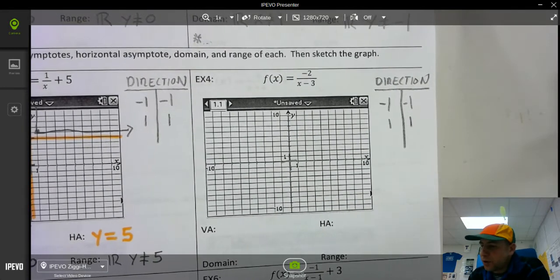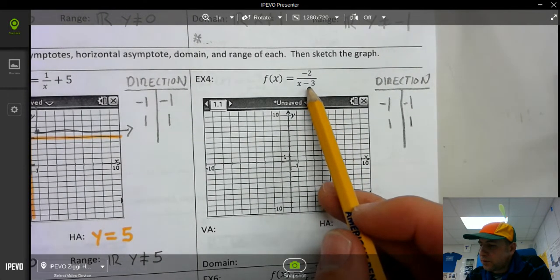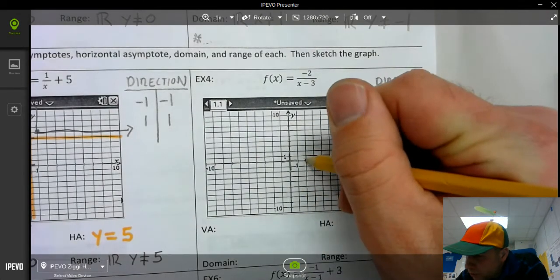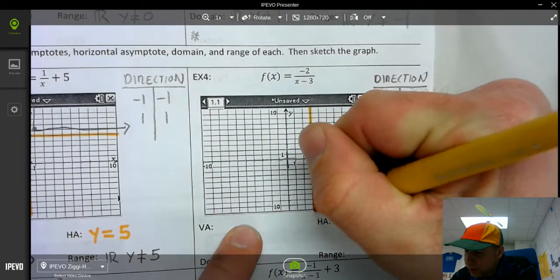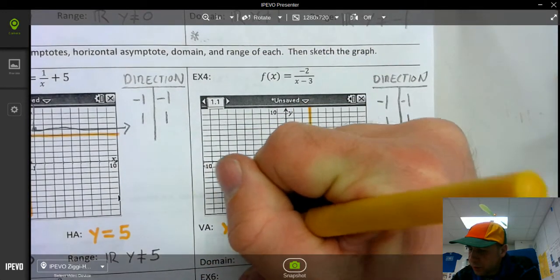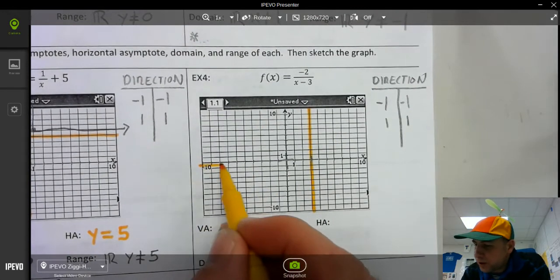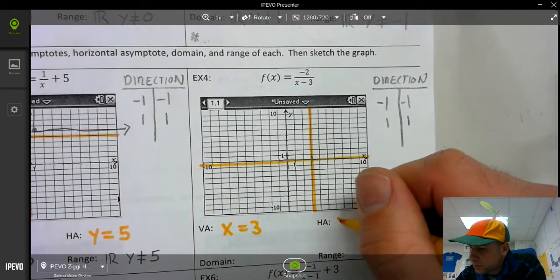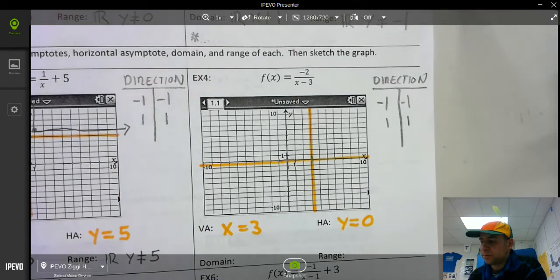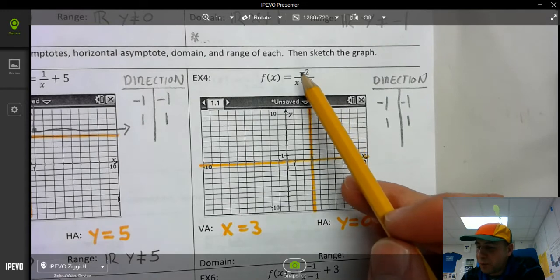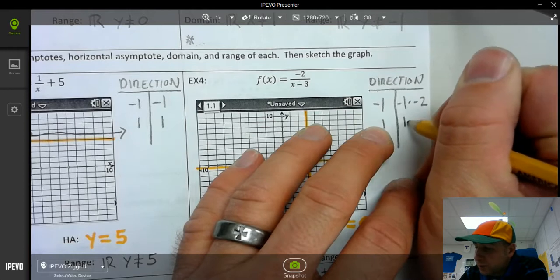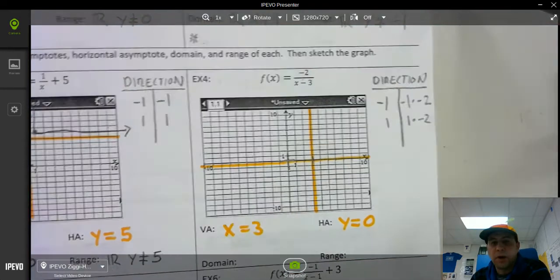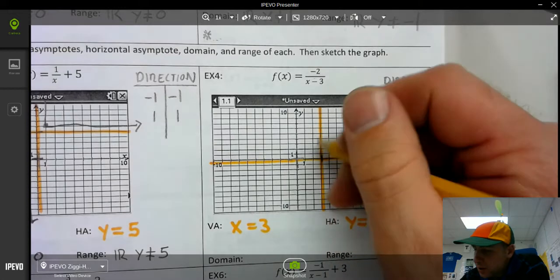Since it's -3, we know we move to the right 1, 2, 3, so that our vertical asymptote is now x equals 3. And our horizontal asymptote didn't change, so it's still y equals 0. But because the a value is 2 and we're multiplying by -1, we need to multiply the y direction by -2. So from the center, we're going to go left 1, down 2.